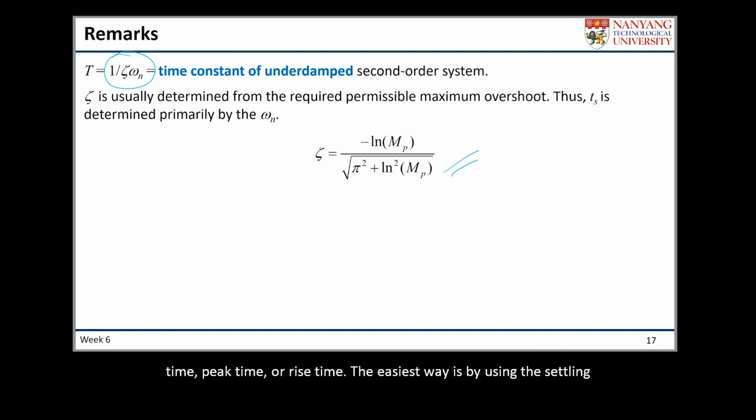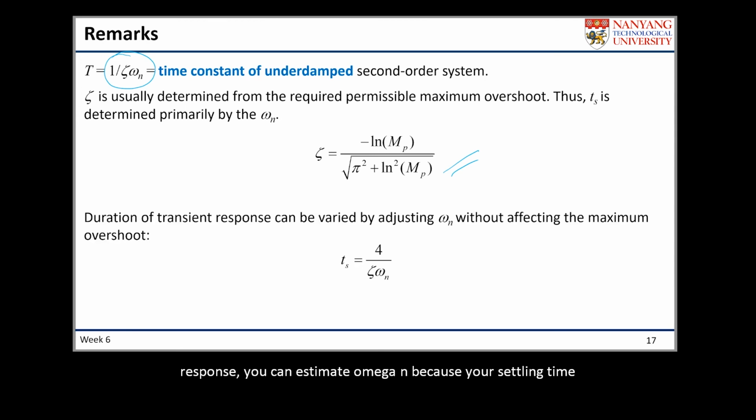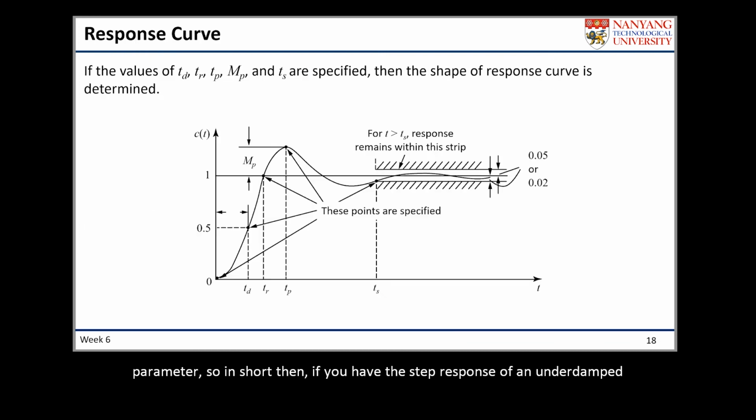The easiest way is by using the settling time. So for instance, after you manage to measure the settling time from the step response, you can estimate the omega n, right? Because your settling time appears as a function of zeta and omega n. Zeta, you have already found from the previous step. And then using the settling time, you can find the last parameter.